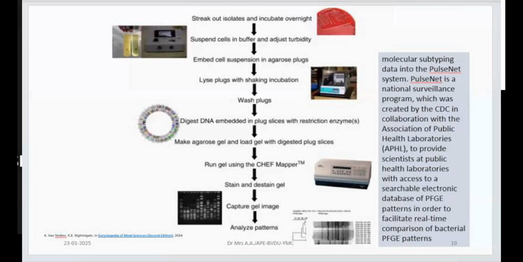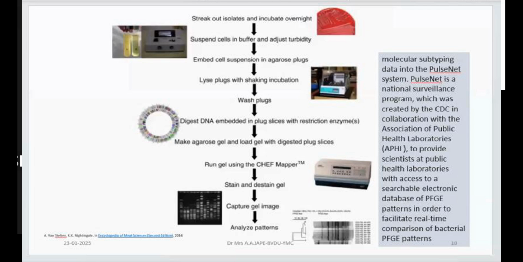It is a band-based molecular subtyping method. It does not include PCR, but involves macro restriction of bacterial DNA, may it be chromosomal DNA or plasmid DNA. Now, what is generally done in the technique is you have the DNA from the colony, right?